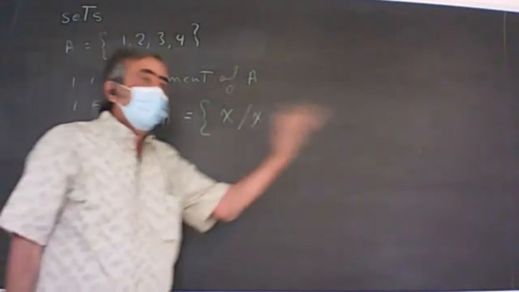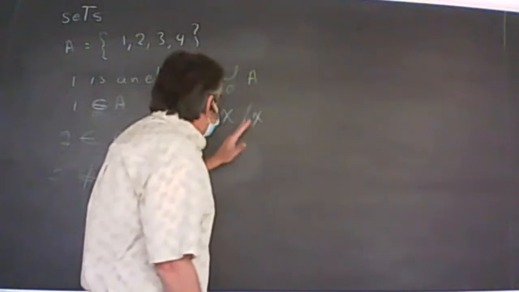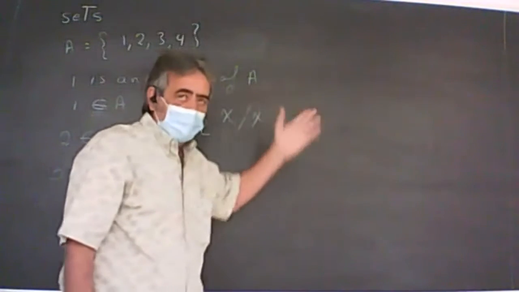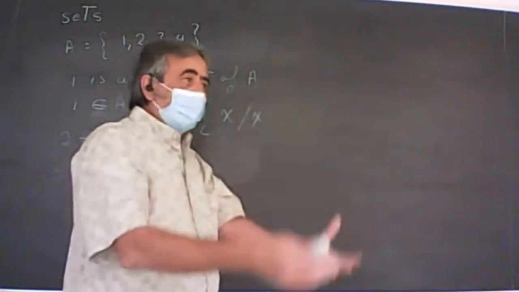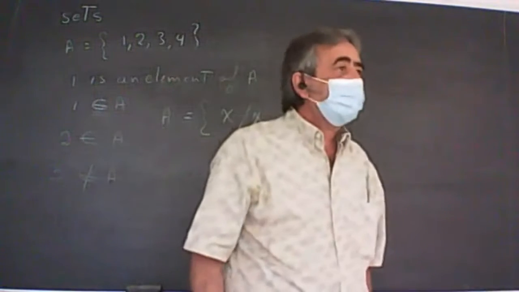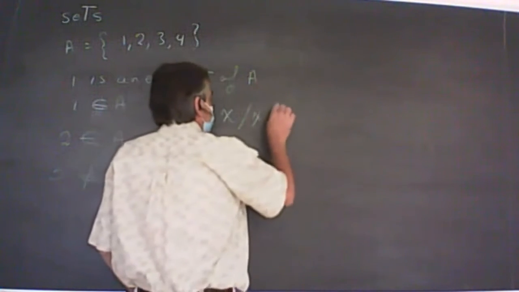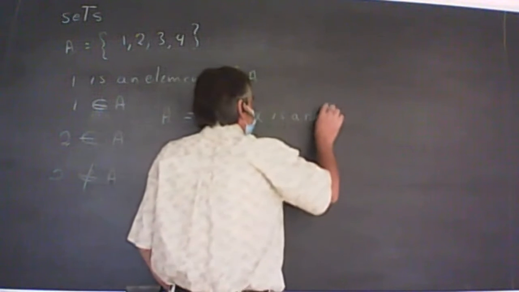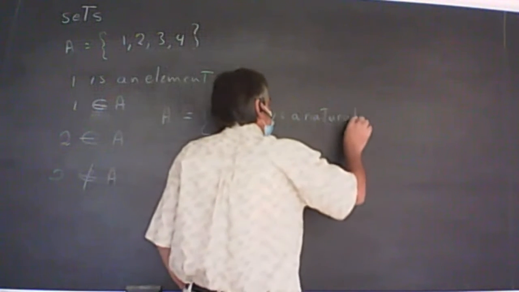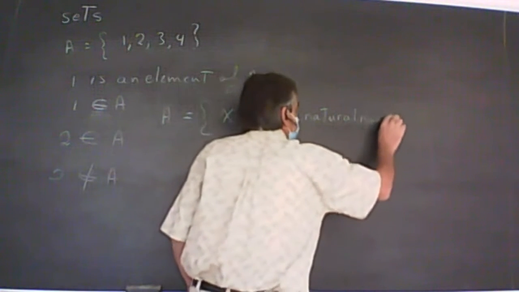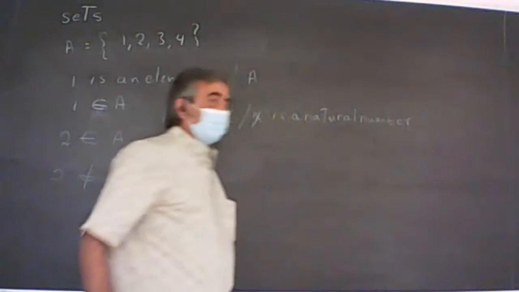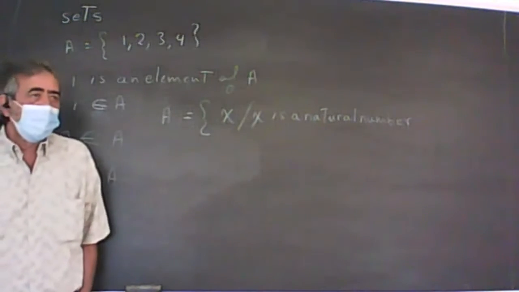We represent them by X. This symbol over here means such that. We are about to explain what X is. Such that X is a natural number. So now I described what X is.